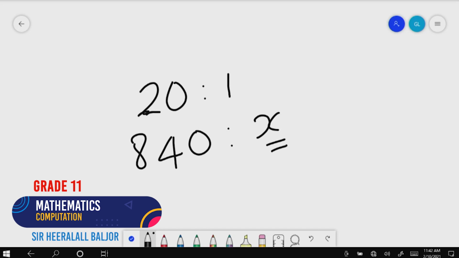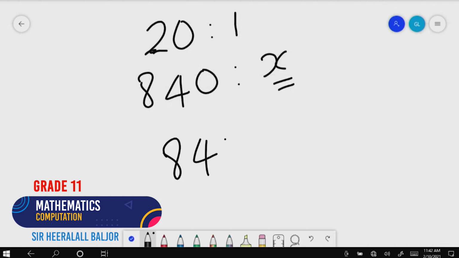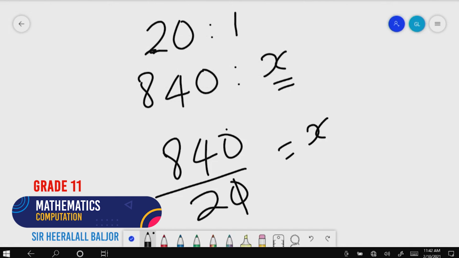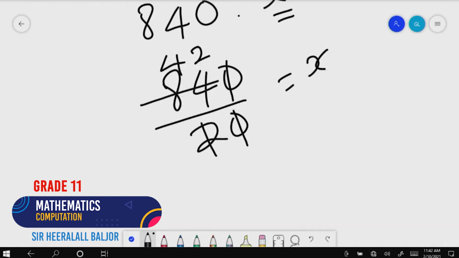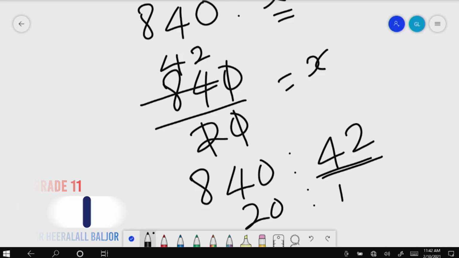Dividing the number of pupils by the ratio, we have 840 divided by 20 gives us this value x, which is the number of teachers. So the number of teachers, for a ratio of 20 to 1, is 42. So our solution here is B.